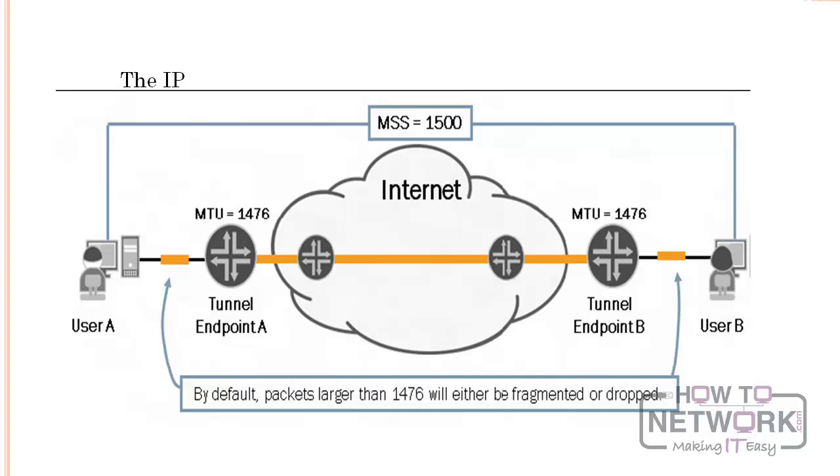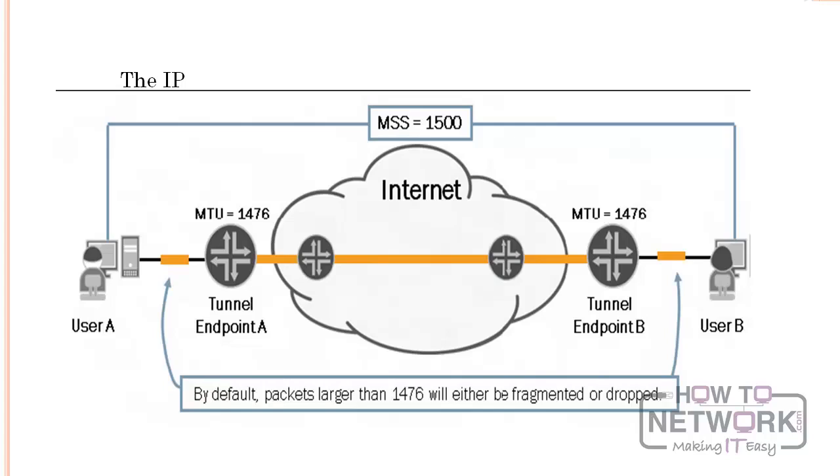When two devices communicate using TCP, they determine the maximum segment size, or MSS, permitted over the end-to-end communication path. Typically, the MSS turns out to be 1500 bytes, which is the maximum amount of payload in the Ethernet frame. This approach works well until overhead is added somewhere between the communicating devices, like in the case of IP and GRE tunnels, where additional headers are added.